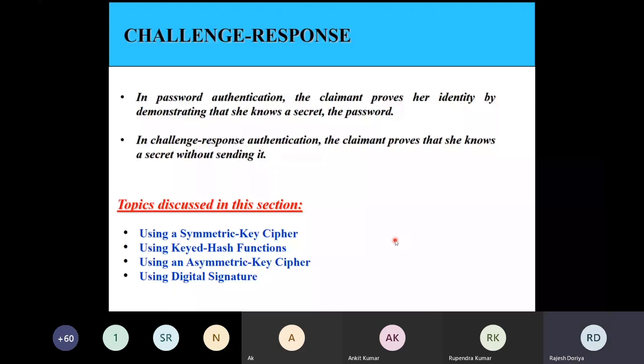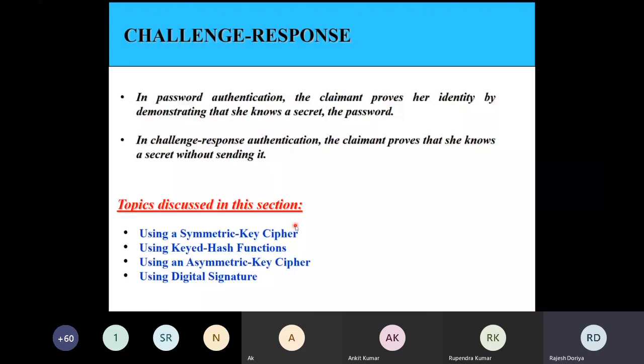While in challenge response authentication, the claimant tries to prove that he or she knows a secret without sending it. In the earlier cases we were sending it, but this time we try to prove the identity of the claimant without actually sending a secret.